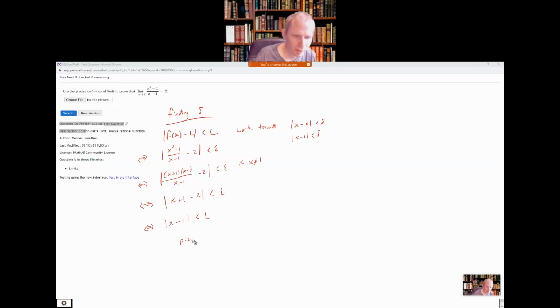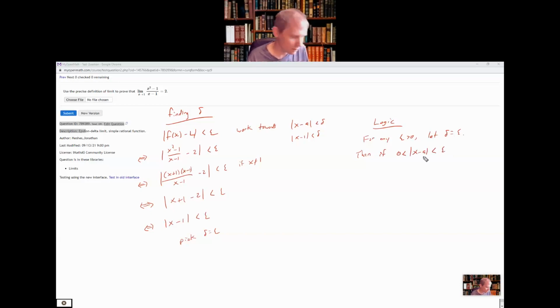So we're going to pick delta equals epsilon. Now on the logic side of things, for any epsilon greater than 0, let delta equal epsilon. Then if 0 is less than |x minus a| is less than delta, we have 0 is less than |x minus 1|, so x is not equal to 1.